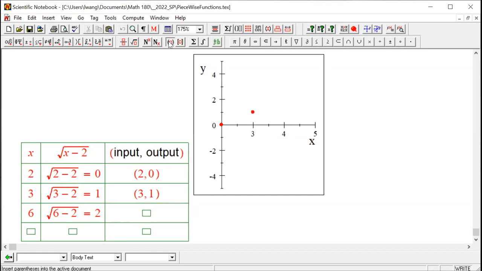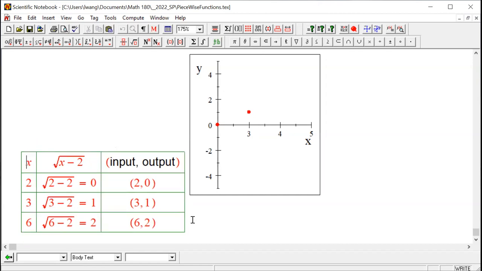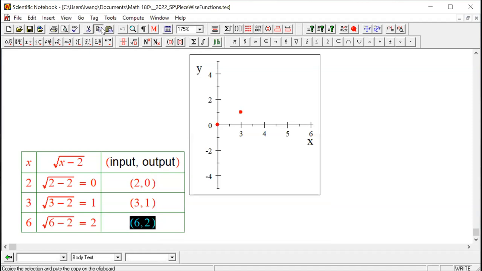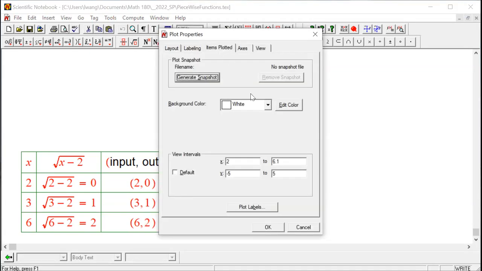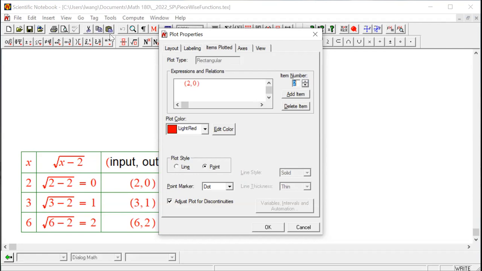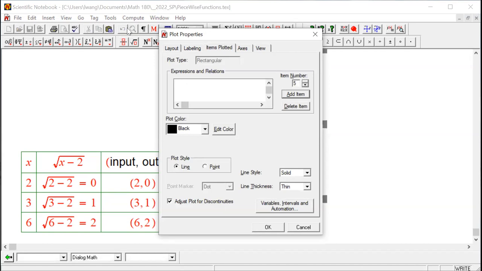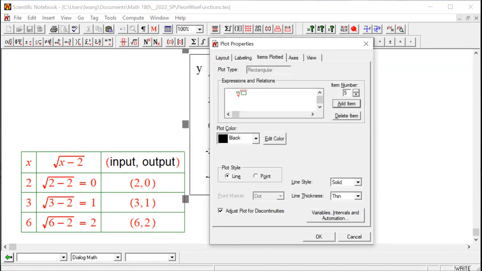So for 6, we get (6, 2). So I think that's enough. We basically get a picture. I need to extend this view just a little bit. So this point will have a place, red dot, right there. So we'll connect the dots. If we connect the dots, we really just get the picture for root of x minus 2.